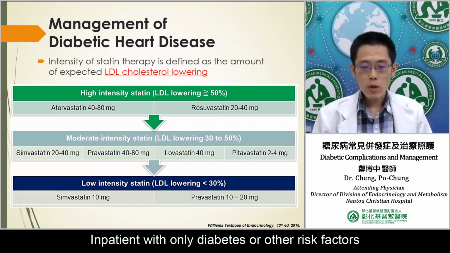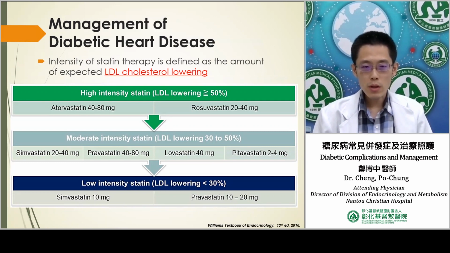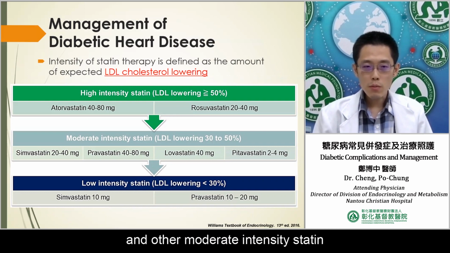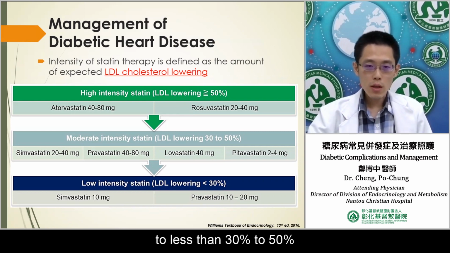In patients with only diabetes or other risk factors, we should use moderate intensity statin, such as simvastatin, pravastatin, and other moderate intensity statin to lower LDL cholesterol by 30 to 50%.